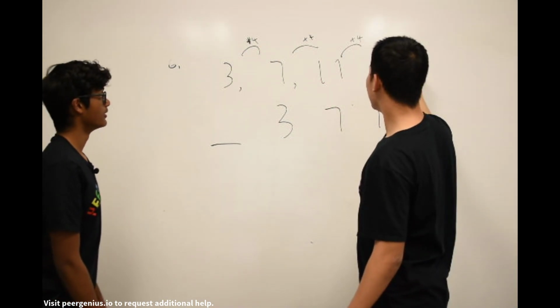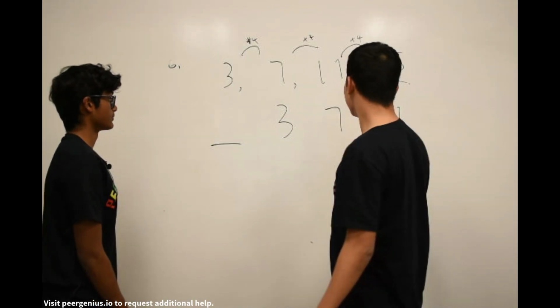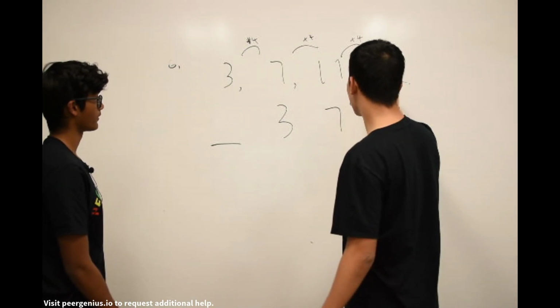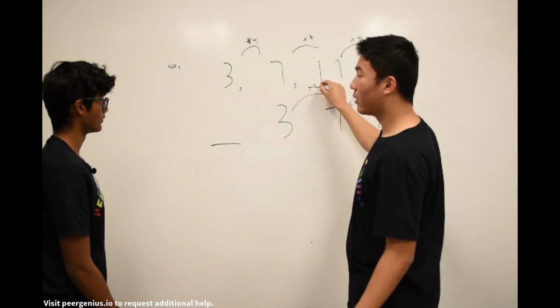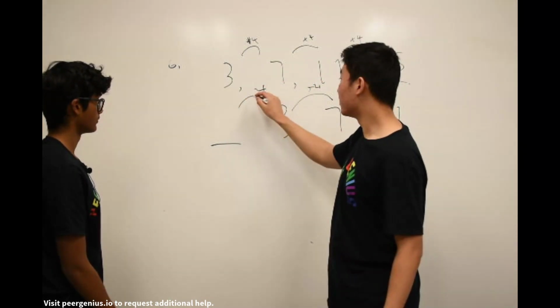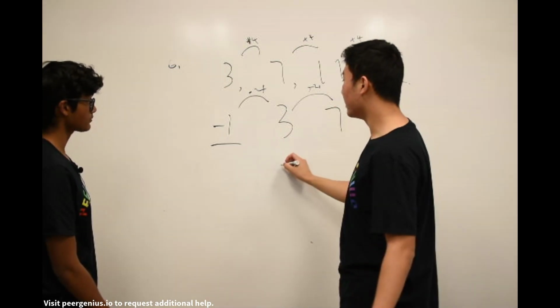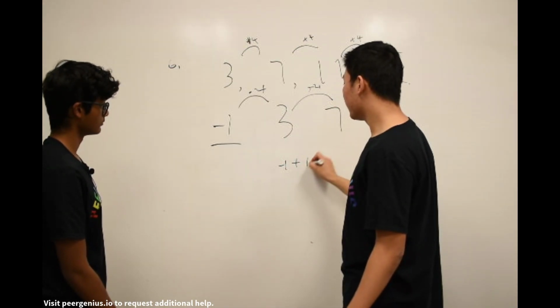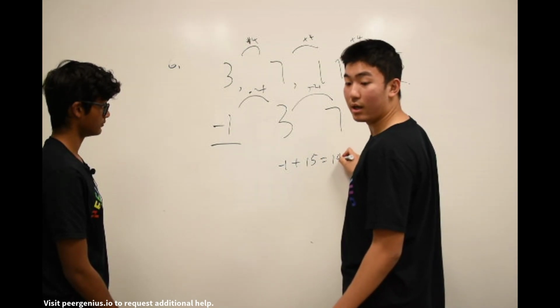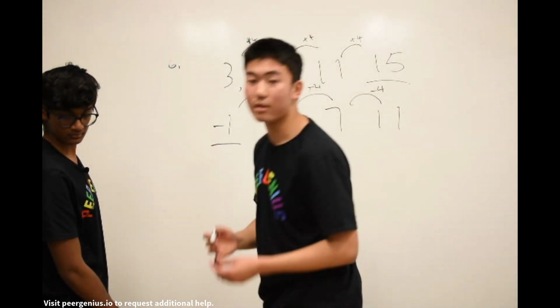So this would be 15. And for the other one, it will be minus 4, and also minus 4, and this would be negative 1. So if we add these two together, negative 1 plus 15 equals 14. And that should give you C.